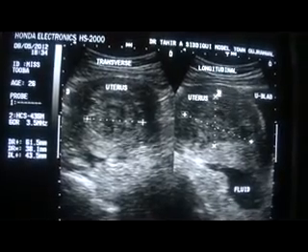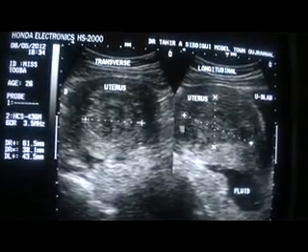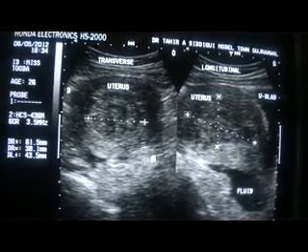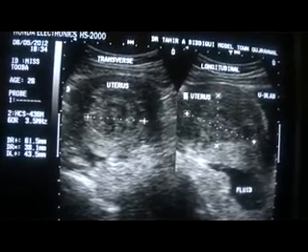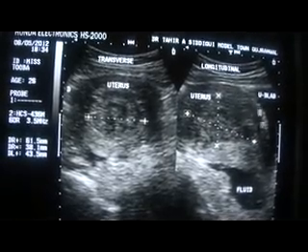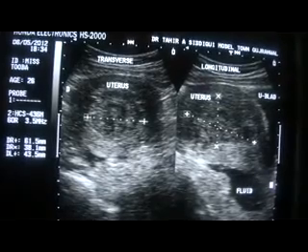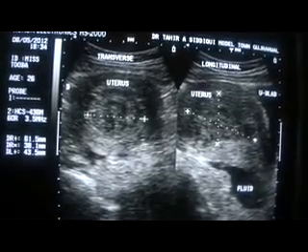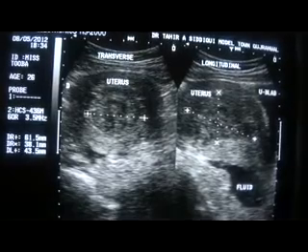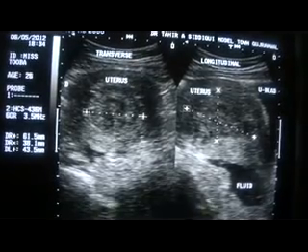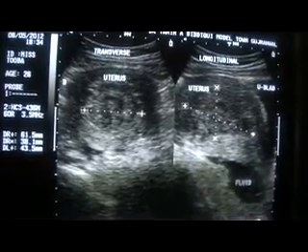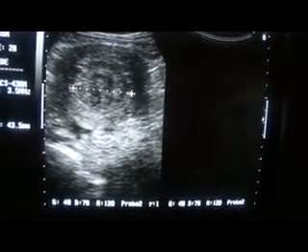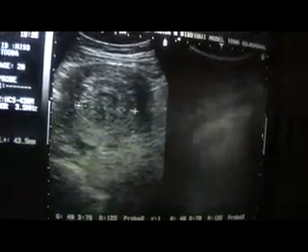Myometrium is fine. This is the uterus in longitudinal section. This is the fluid pocket. This is the urinary bladder. Again, this is the urinary bladder. The endometrial canal.